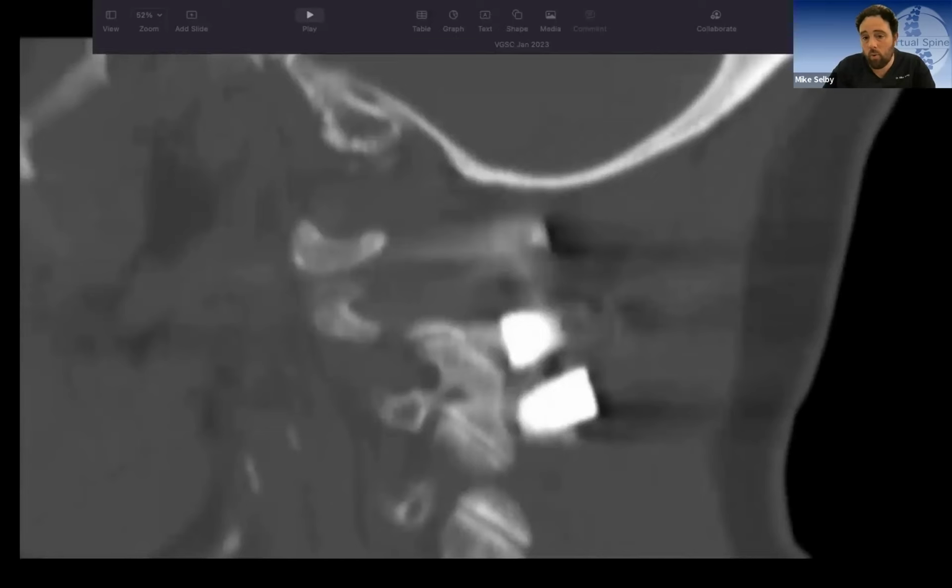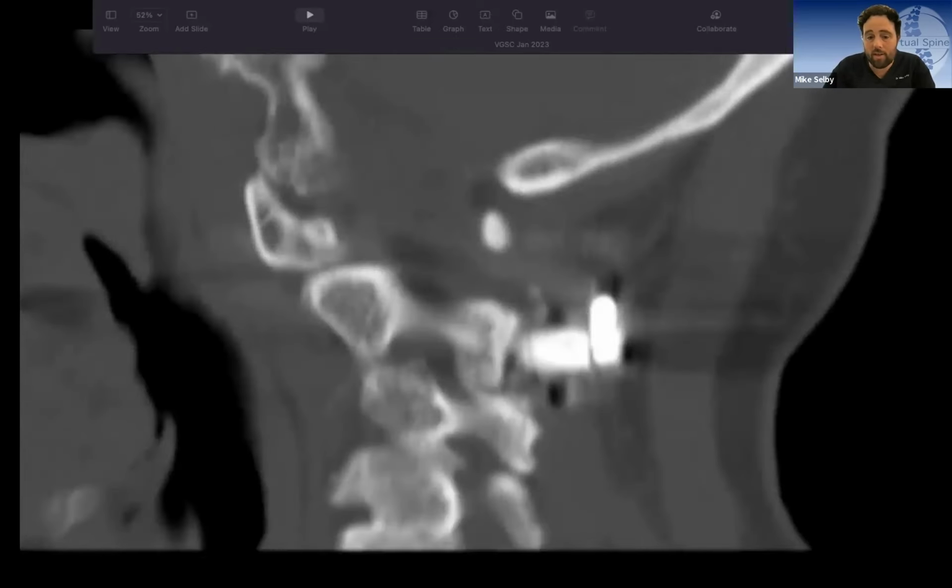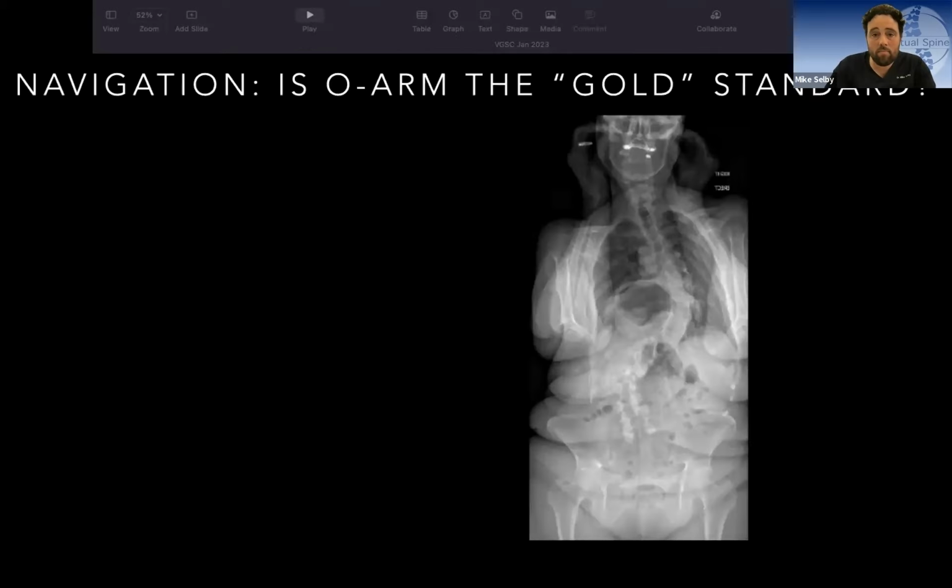And so why would you go away from that? I suppose that's where I question whether the O-arm, or Airo, which is very similar, is the gold standard at the moment. When you look at what I spend a lot of my time doing, which is complex spine deformity, this is where I find the O-arm is not that helpful. I come from a background of doing a lot of freehand screws, but when I decided to do navigation, I was initially using the O-arm.